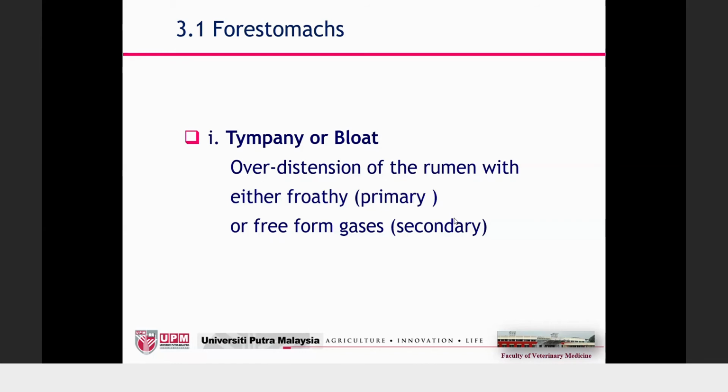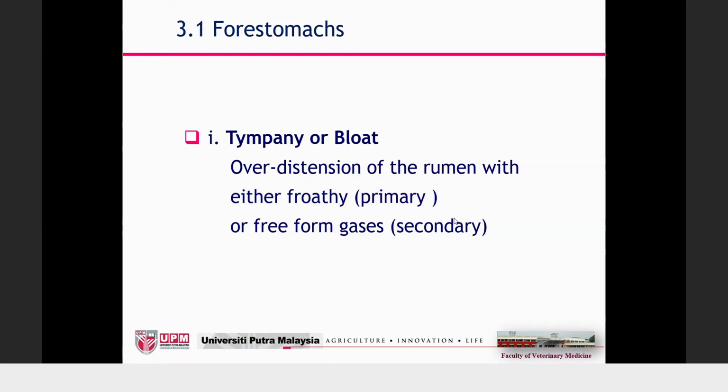Over-distension could also result from pregnancy, and that pregnancy is not a bloat. Over-distension could also be accumulation of fluid in the abdominal cavity, and that is not tympany or bloat. But the most challenging one to differentiate between tympany and postmortem change is when the over-distension is due to postmortem change.